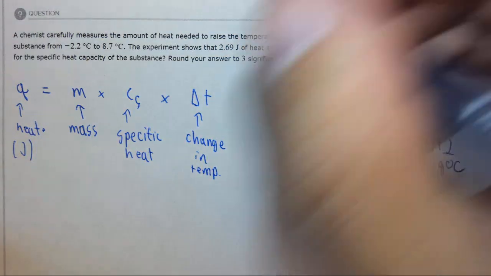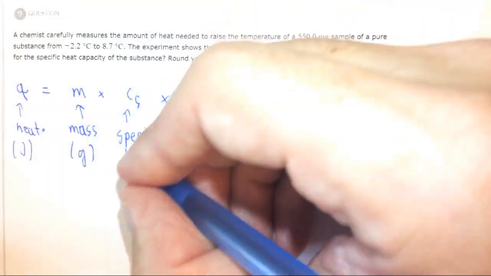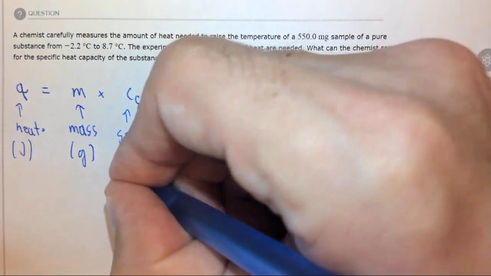So Q is generally in units of joules. Heat is in joules. Mass is typically in grams. Specific heat is usually in joules per gram degrees C.